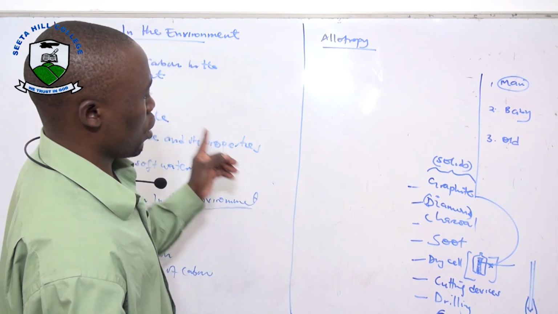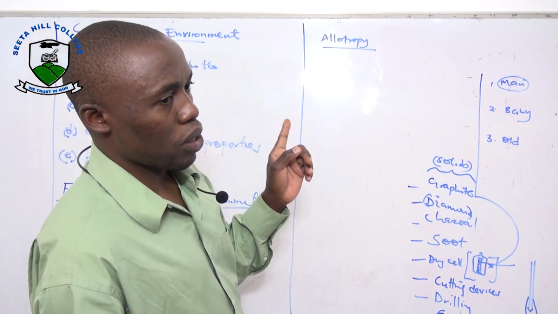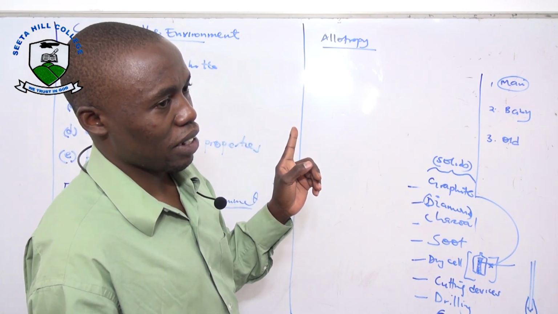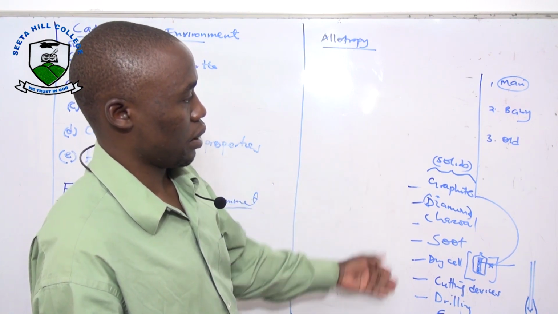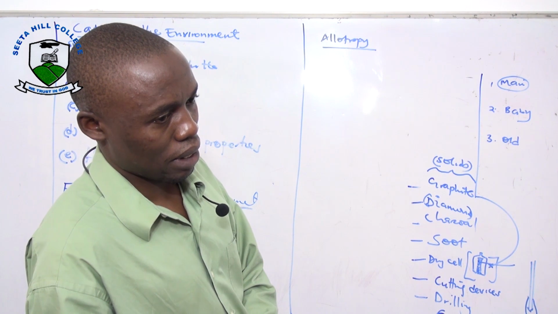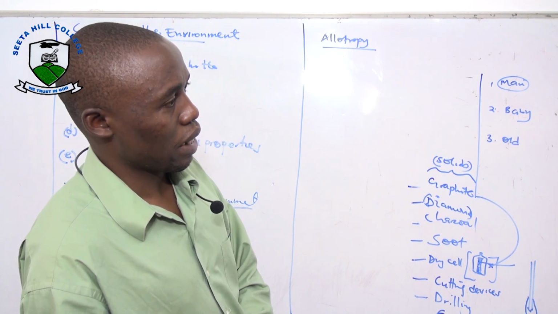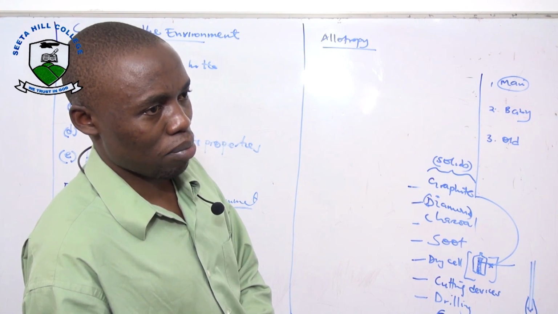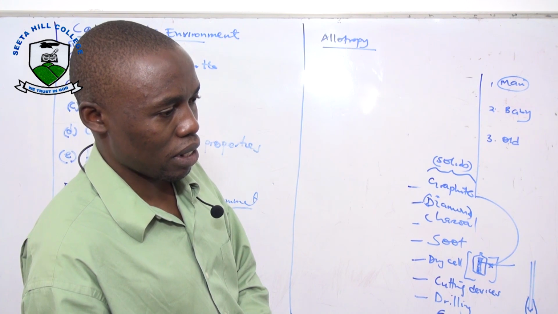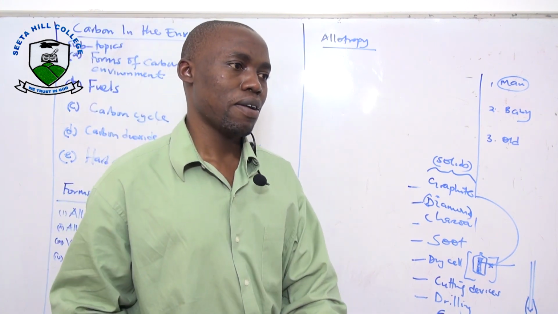Now, we are going to see ahead here that most forms of carbon are strictly black. And we shall say there that whichever material you burn and it leaves a black residue behind shows you that it is strictly carbon.